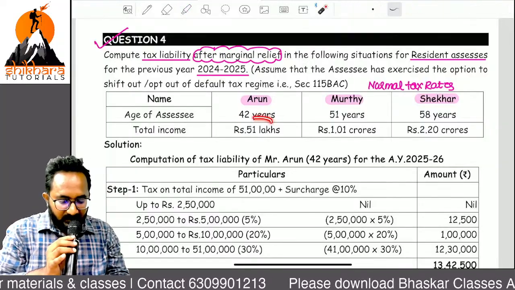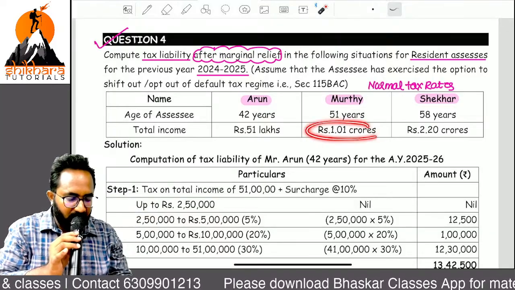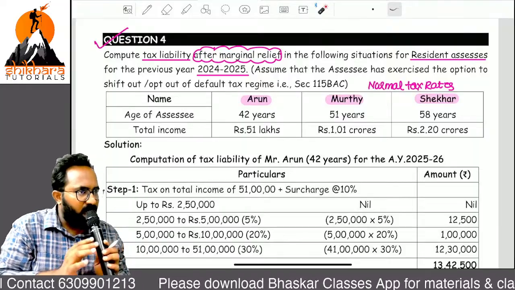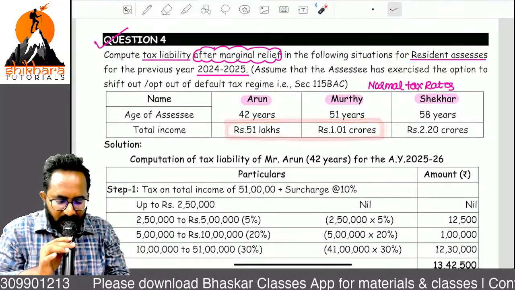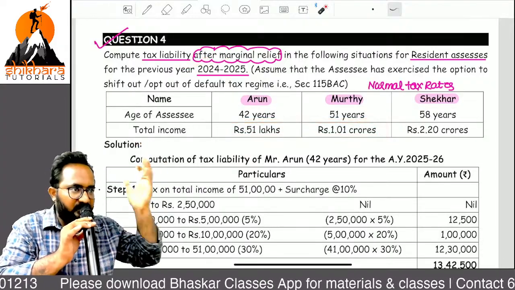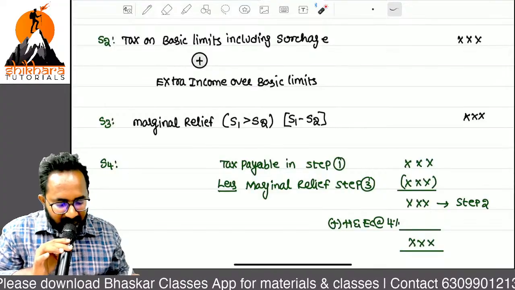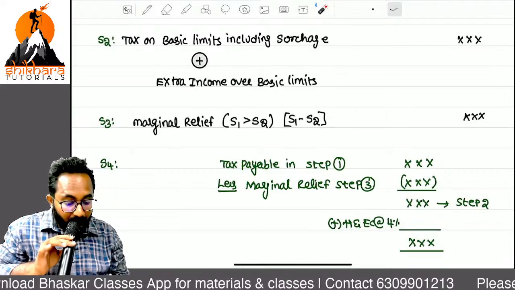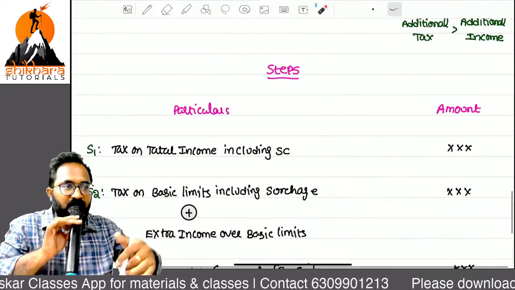Here we have income just 1 lakh over the basic limit. Here, ma, 1 lakh only over the what, ma? 1 crore. So directly here you can solve the problem. Tax liability you can compute by using the marginal relief steps. Sir, if you are following these steps also, last we are computing the what, ma? Tax liability only. But while calculating the tax liability, we can provide the marginal relief if you follow these steps.